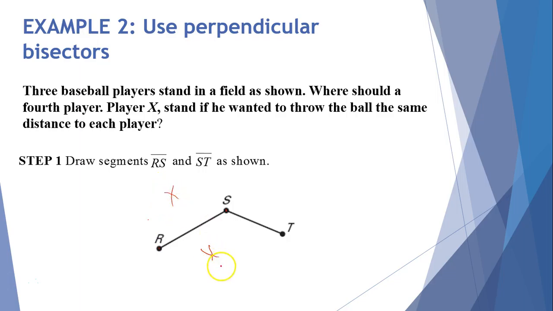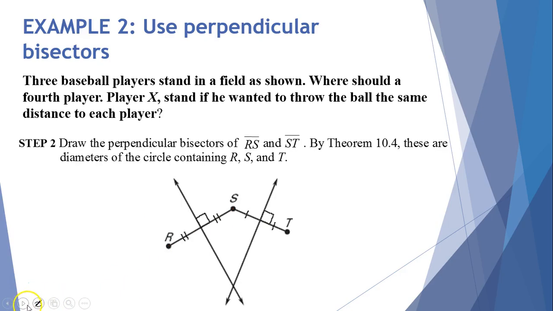And then we connect those intersections like that, and we find where the perpendicular bisector is, and we're going to draw it through, okay? Then same thing for the segment ST. We're going to draw the perpendicular bisector. And this is what you're going to end up with right here. So that's step 2. Draw the perpendicular bisector of RS and ST.